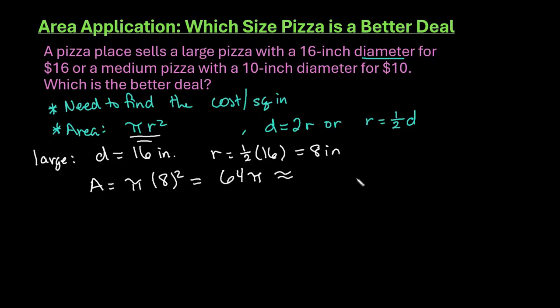If I use the pi button in the calculator, I get 201.06 square inches. And if I use 3.14, so 64 times 3.14, I get approximately 200.96 square inches.